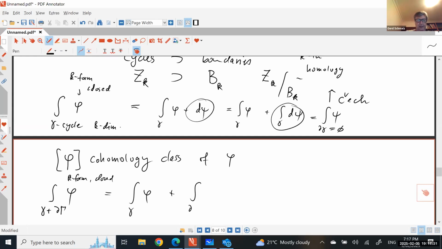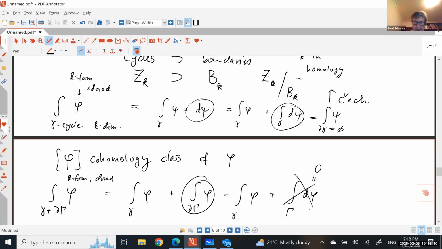By the way, when we integrate a linear combination of chains, this just means we integrate over all of these chains separately and scale each integral by the scaling factor in front of the corresponding chain. So this is the integral of phi over gamma plus the integral over gamma of d phi, but now d phi is equal to 0 because we assumed that this is closed.